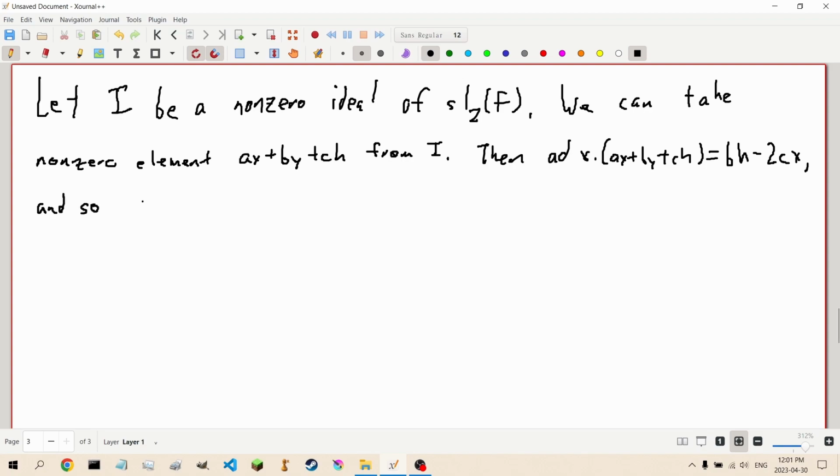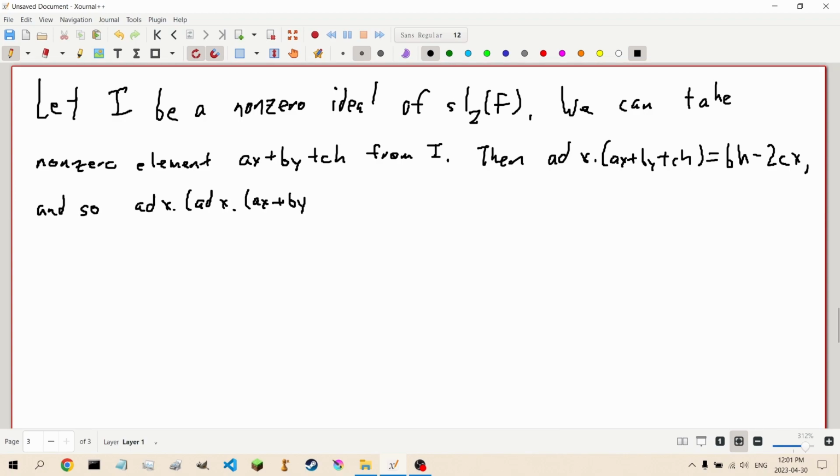And so then we can apply a second copy of this. This is the bracket of x on bh minus 2cx. Of course, x cancels out with itself. That just gives us the bracket of x with h, which is minus 2x times b, so that's minus 2bx.